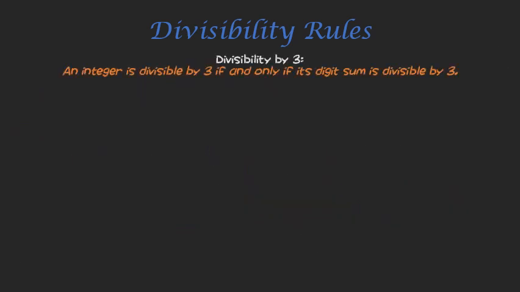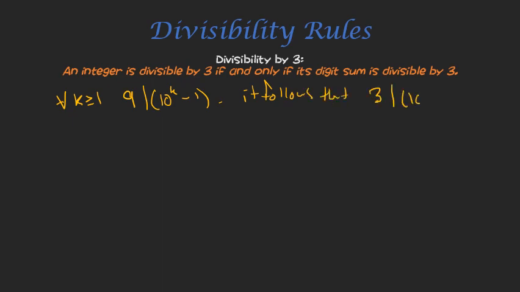So divisibility by 3 works basically in the same way as the last one. In fact, we could state this result as a corollary, since remember the last result really just hinged on the fact that for all positive integers k, 9 divides 10 to the k minus 1. But since 9 divides that, it follows that 3 divides that as well.